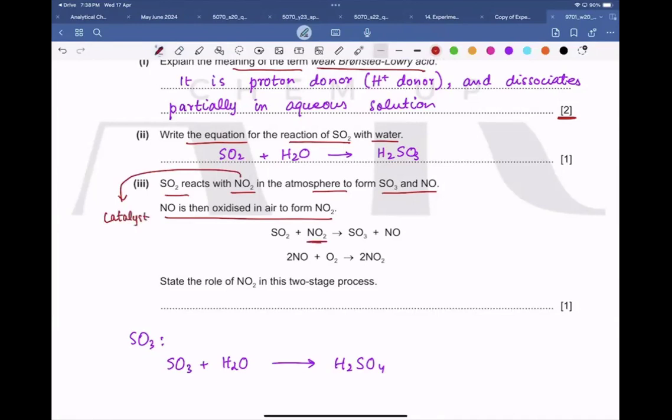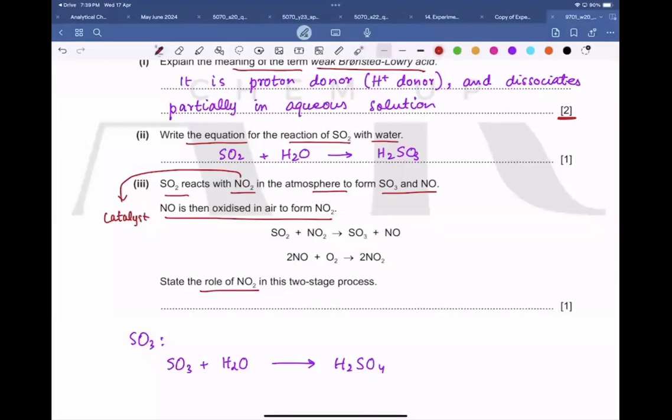Because see, here it reacts and here it is restored again. So that's what they have asked you. State the role of NO2 in the two-stage process. If we observe that it turns into something else, and then readily restores itself after the reaction, it works as a catalyst.